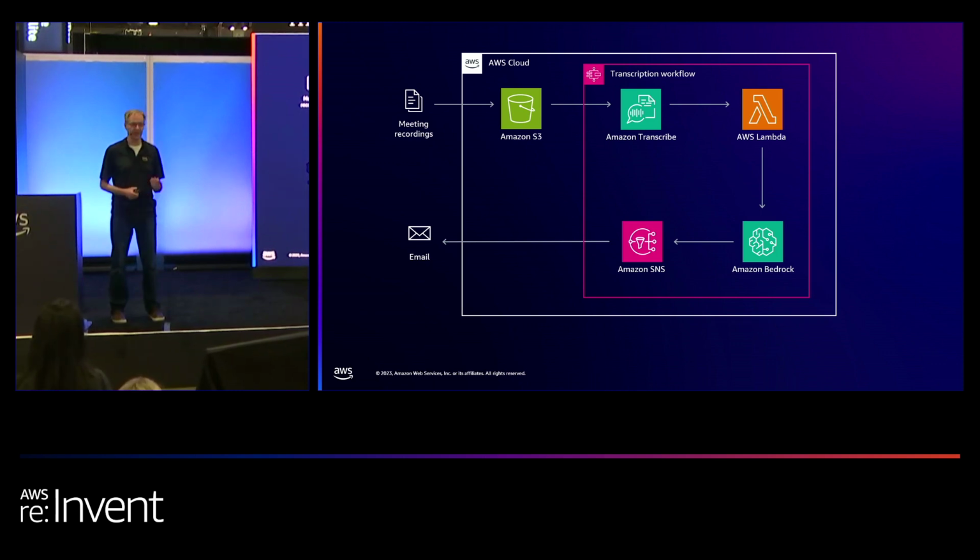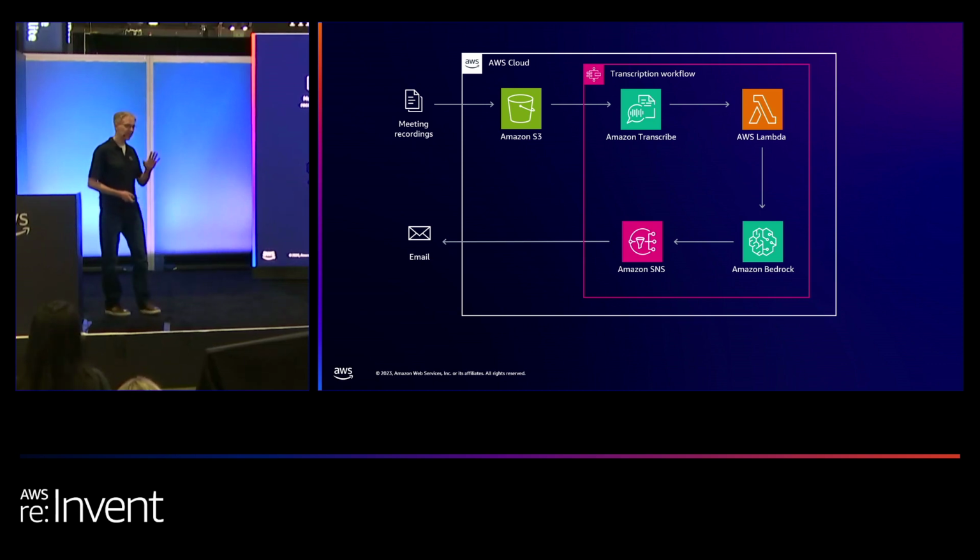The results from the generative AI model are then sent to an SNS topic that I'm subscribed to. So I receive an email that shows me all the results of that meeting, and I've now saved myself an hour of listening to that meeting.